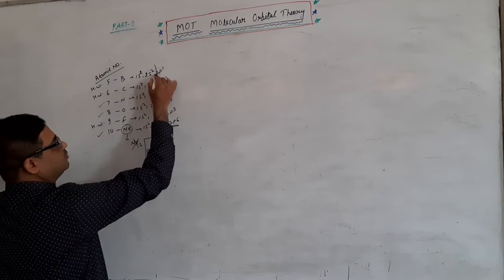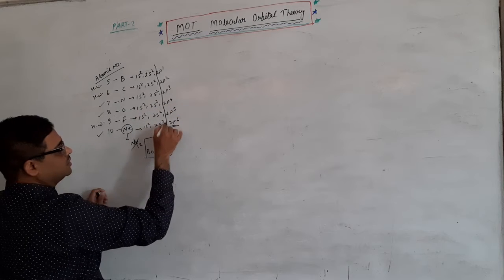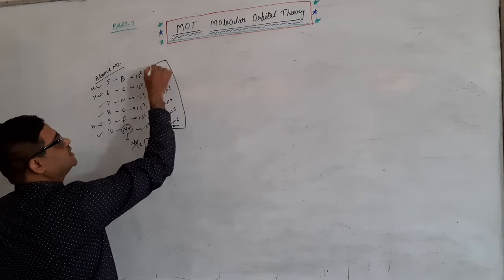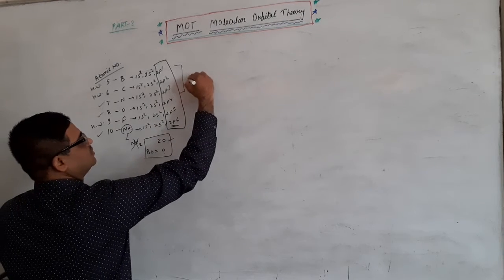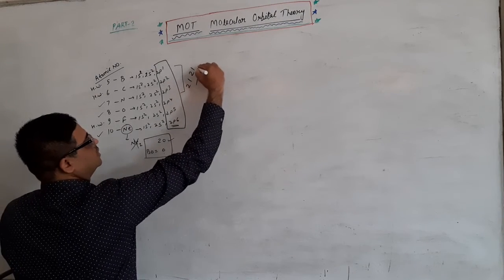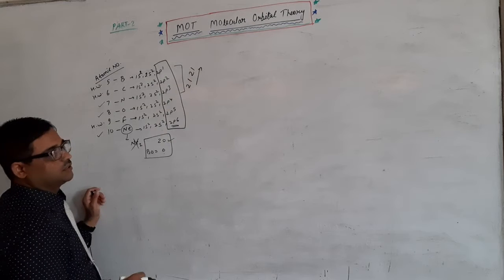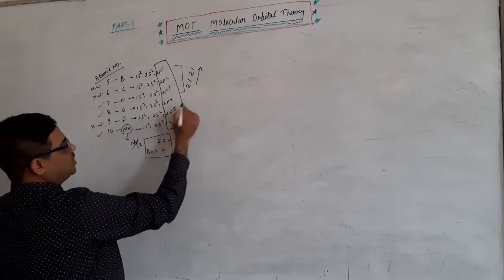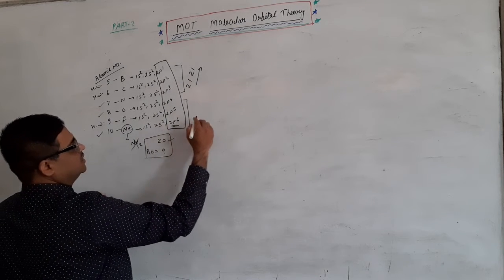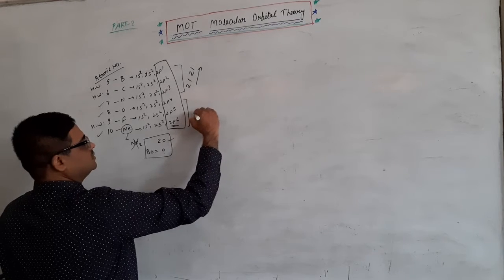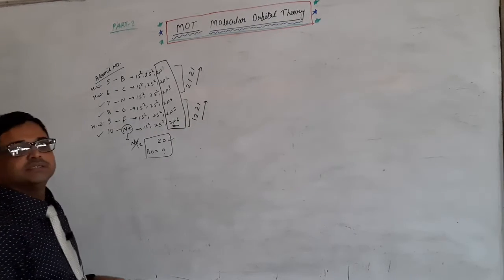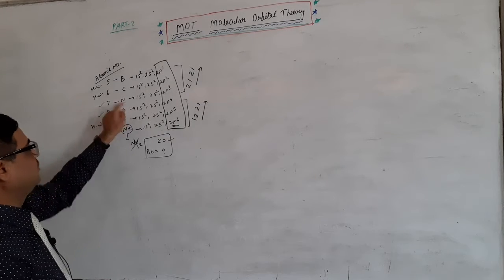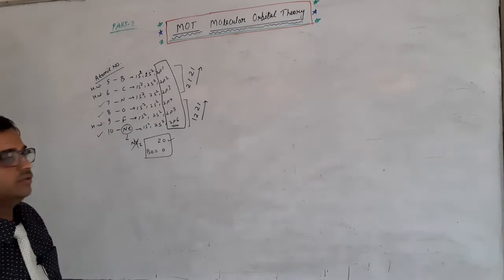For these p orbitals we have a certain technique. For these three, the trick is 2 1 2 1 from down to upward direction. Clear? And for these three, the trick is this one. Clear?